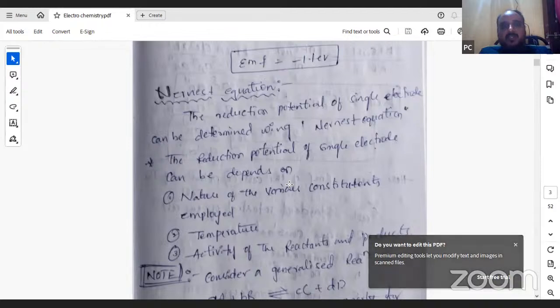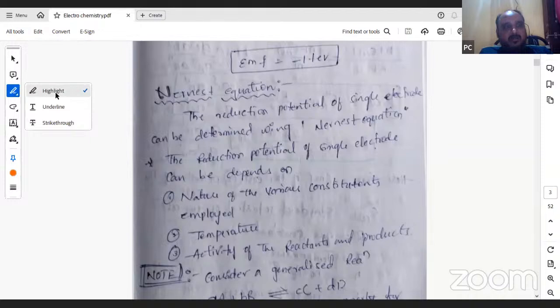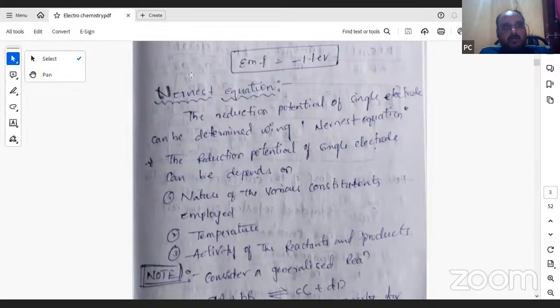The reduction potential of a single electrode can be determined with the help of the Nernst equation, right? The electrode potential depends on various parameters. The single electrode potential depends on the nature of the various constituents employed, the temperature, and the activity of the reactants and products.